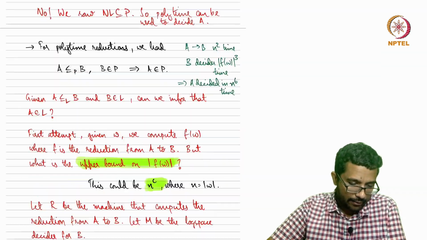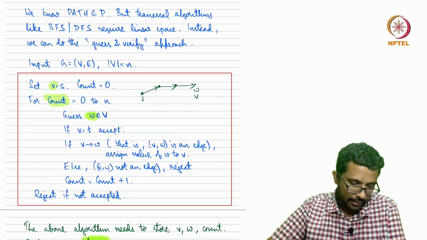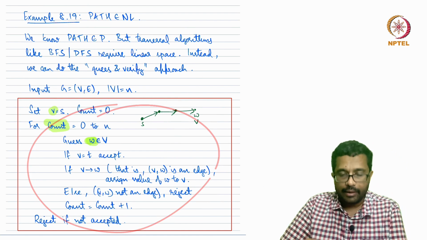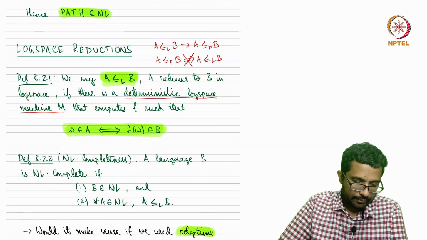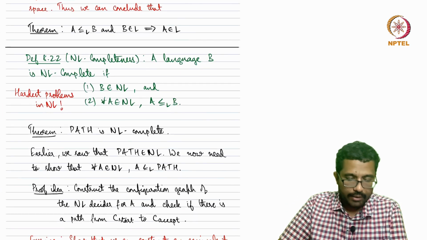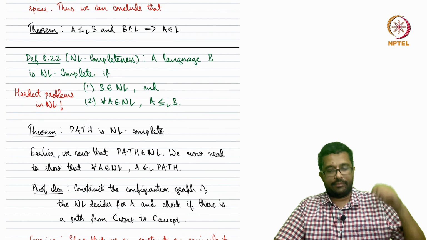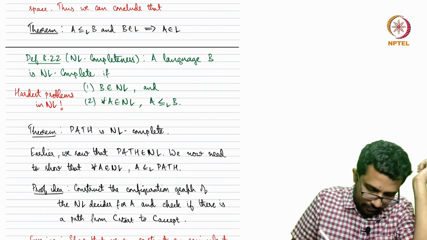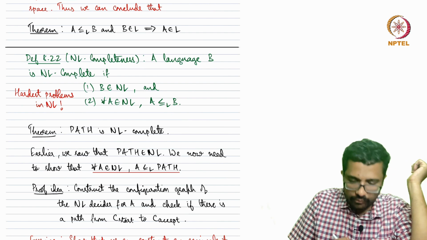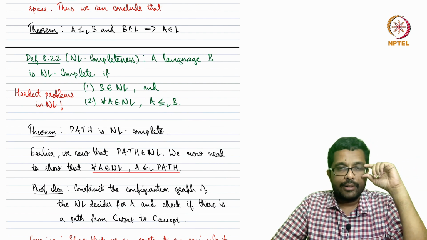In the beginning of the lecture, we have already seen that PATH is in NL, right? Now we need to show the second part, that all the languages in NL are reducible to PATH, right? This is what we have to show.